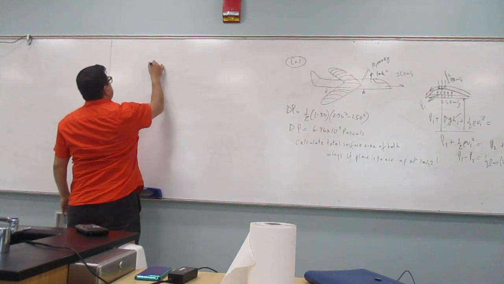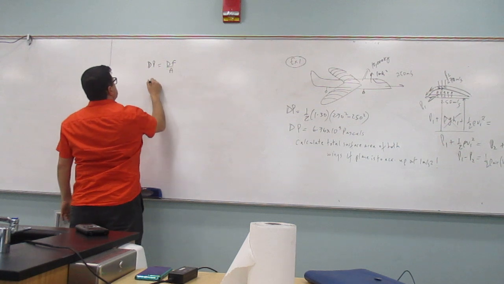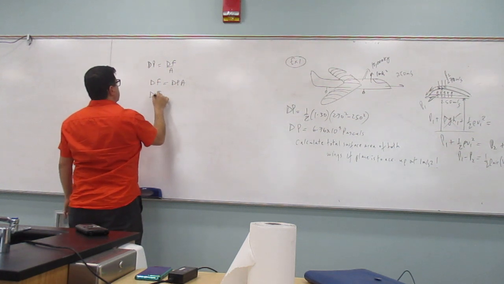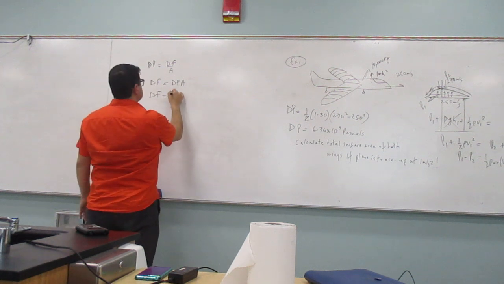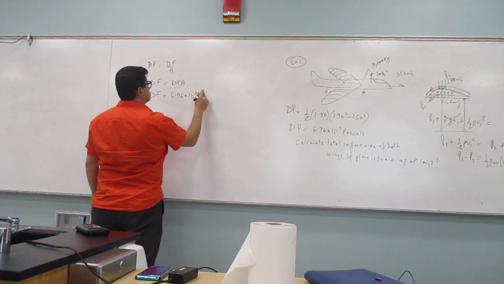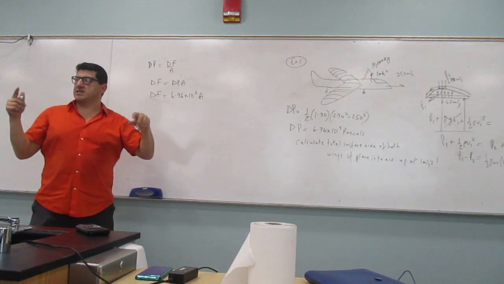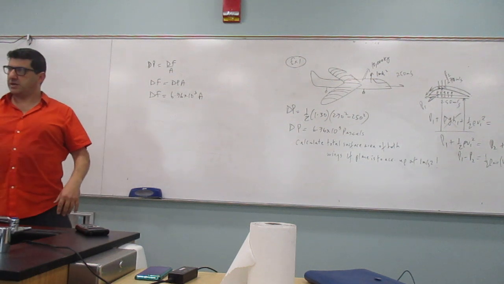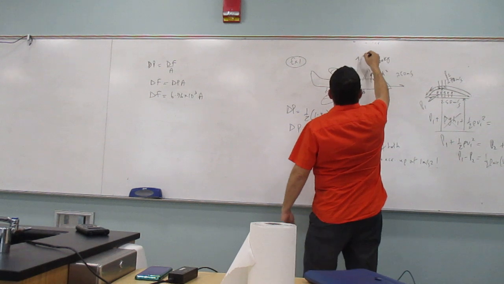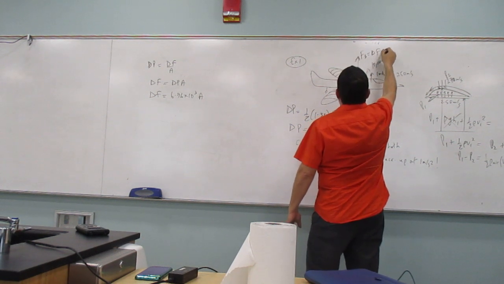So delta P is equal to delta F over A, and delta F equals delta P times A. So that's, in a sense, kind of like your buoyant force on the plane, pushing it up, right? F buoyant, that is the delta F.